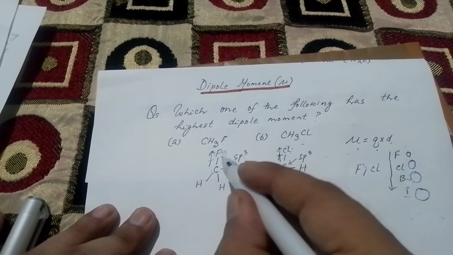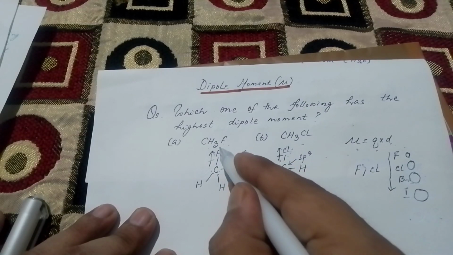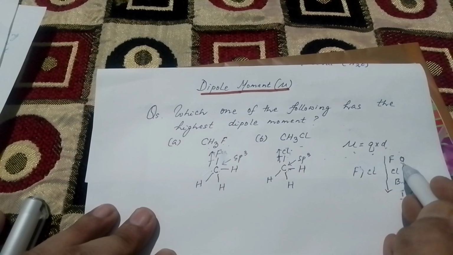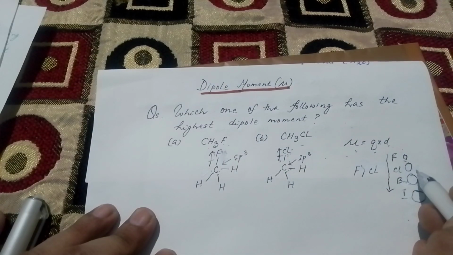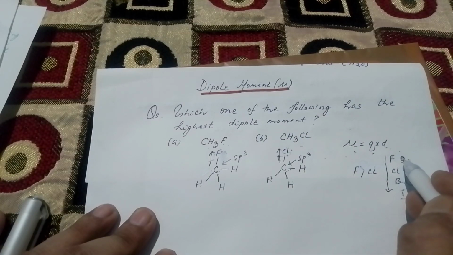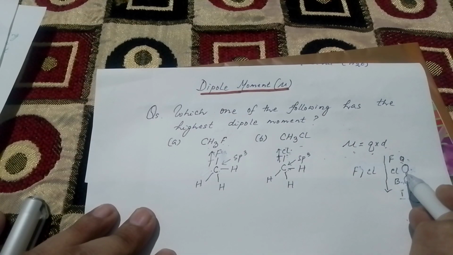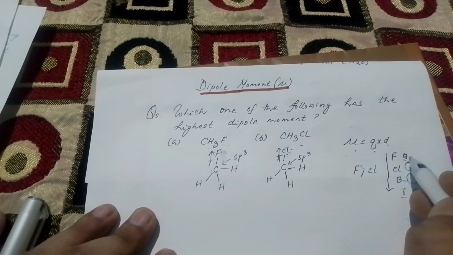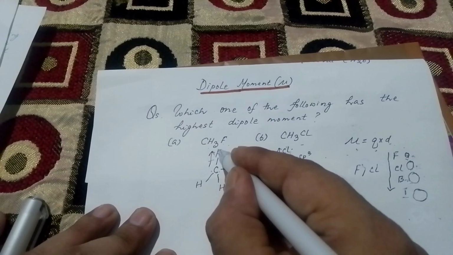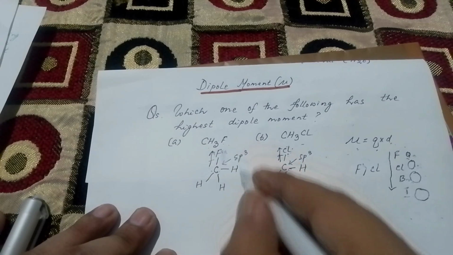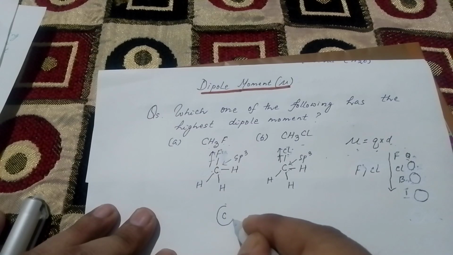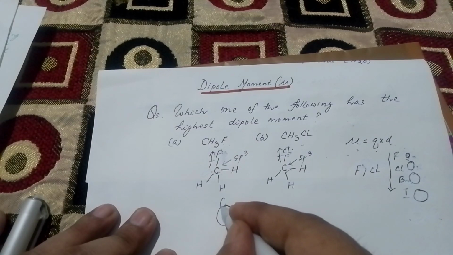But here the atomic radius of fluorine is very small, whereas chlorine has quite a larger atomic radius than fluorine. So in the bond that forms, this is the atomic radius of carbon and this is the fluorine.